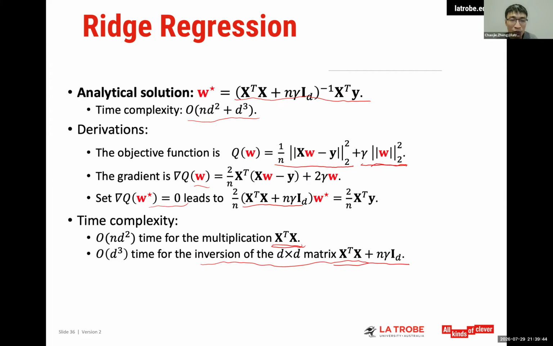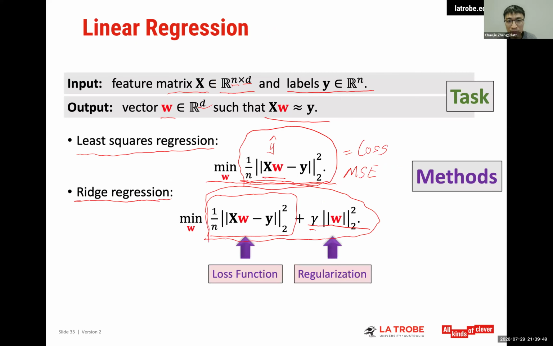Recall that to solve these minimization or optimization problems, we have two methods. One is using the analytical solution, and the other is using the gradient descent method, to iteratively update the W value and slowly decrease the loss function until we cannot reduce it anymore.